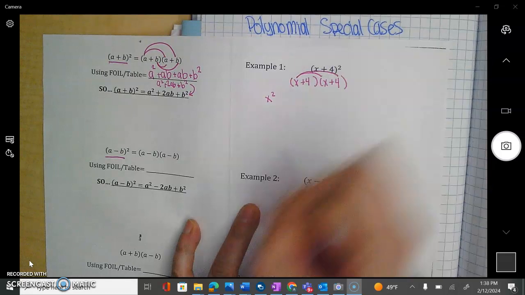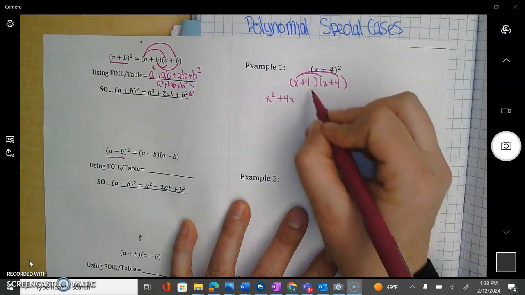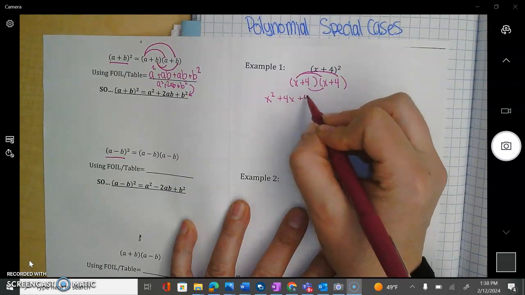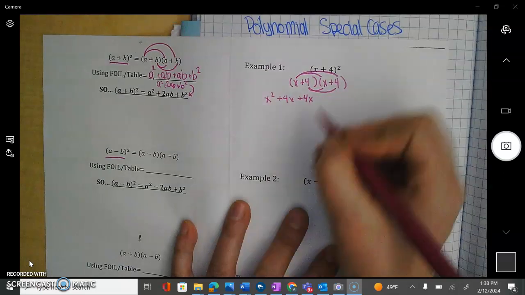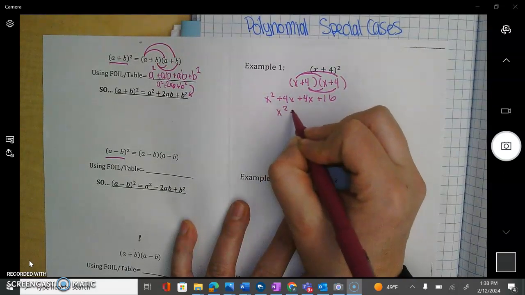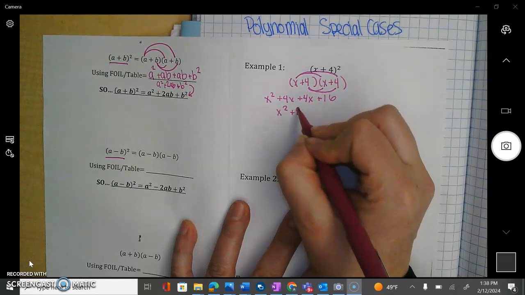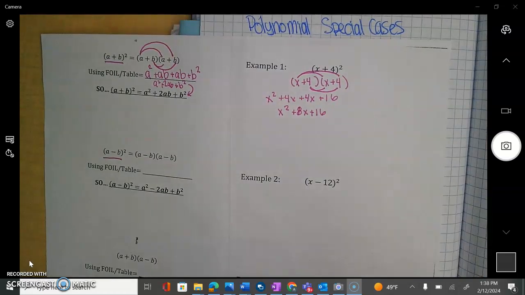O is outside, x times 4, which is 4x. Inside, x times 4, or 4 times x, and then last, 4 times 4 is 16. Okay, so simplify that, it's x squared plus 8x plus 16. So that's using the FOIL method.